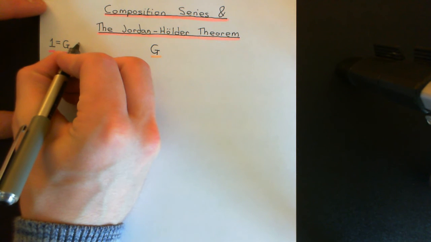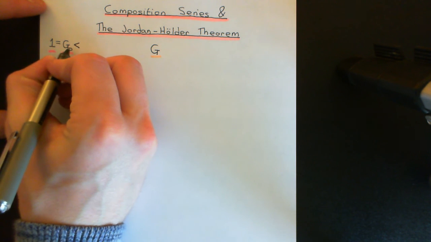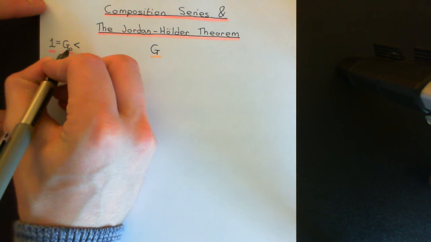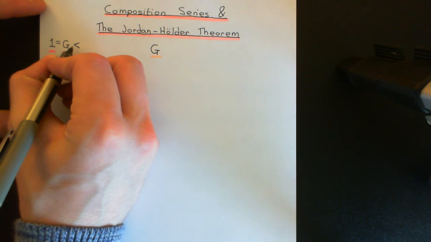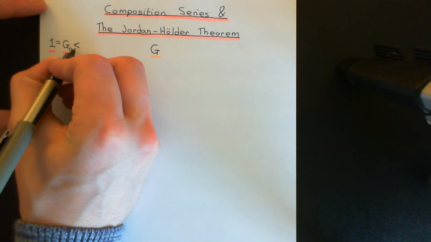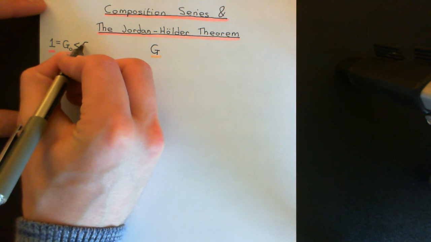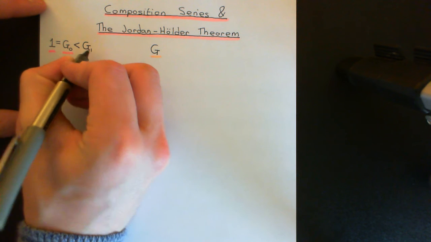Then you're going to find another subgroup that's bigger than this one, so it's going to properly contain the trivial subgroup. Note I haven't put less than or equal to, I've just put the strict less than. So this is going to be a proper subgroup of the next one along, which we'll call G1.